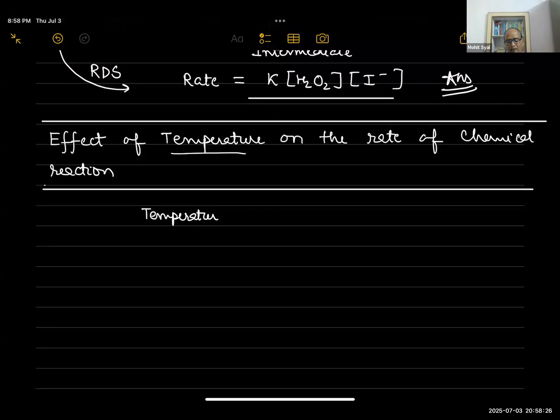So how does it govern and how does it affect the rate of the reaction? Will it affect or will it not affect? What do you feel first? Tell me, all of you tell me.